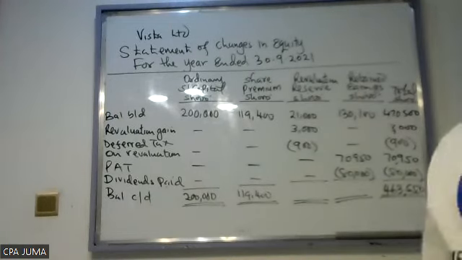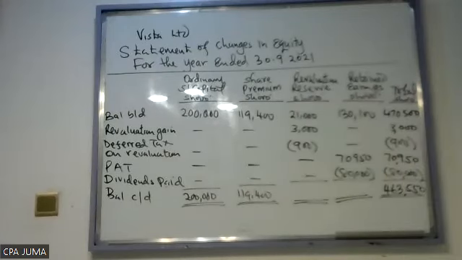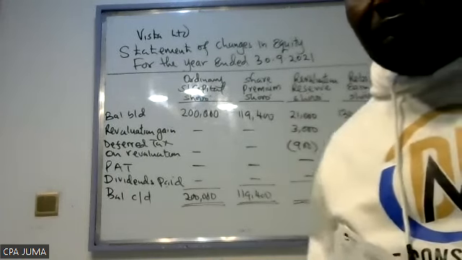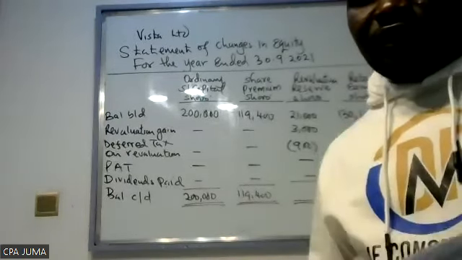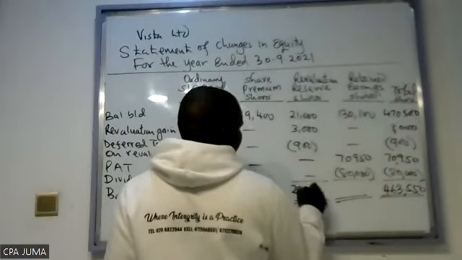So gents, for evaluation, you are remaining with how much? 23,100 gents. 23,100.